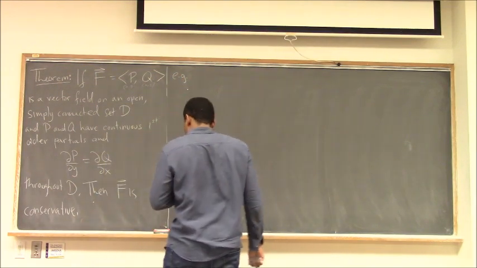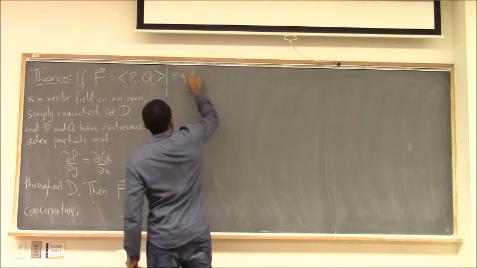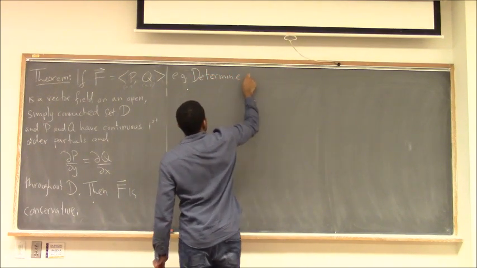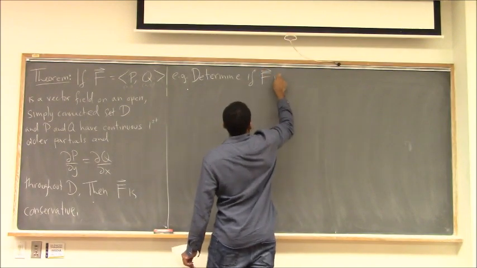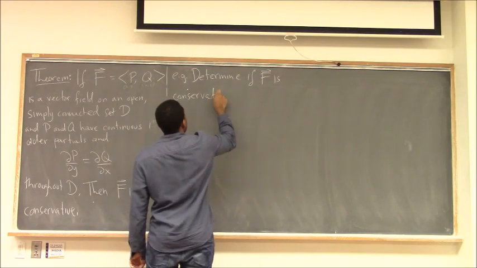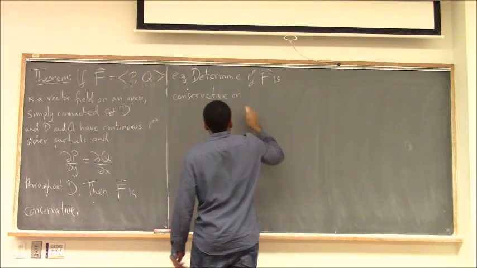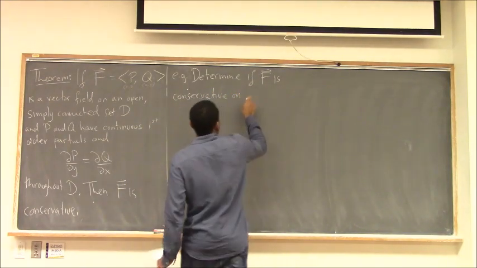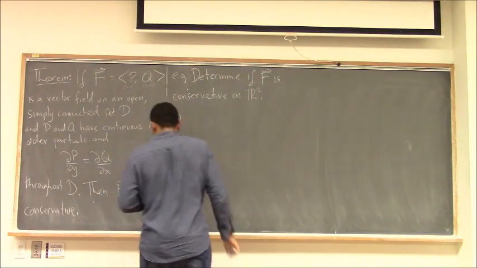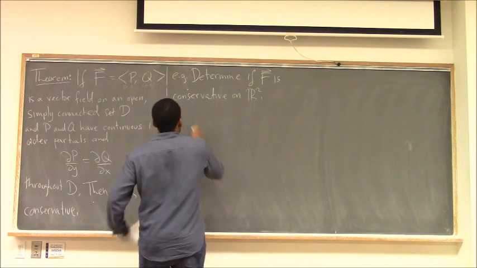These are those small examples here. Determine if f is conservative. So we're going to give you 2 vector fields.